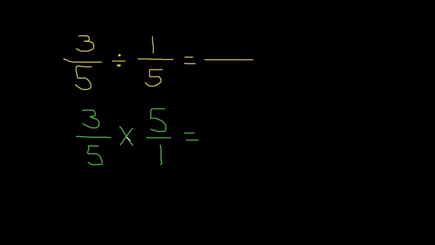And I notice I have a 5 and a 5. Well, I can cross those out, make those 1s, because 5 goes into 5 once, 5 goes into 5 once, and then I have 1 times 3 equals 3, and 1 times 1 equals 1. And 3 over 1 is just a fancy way of saying 3.